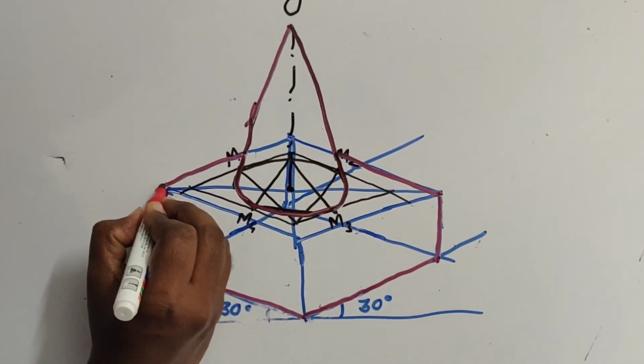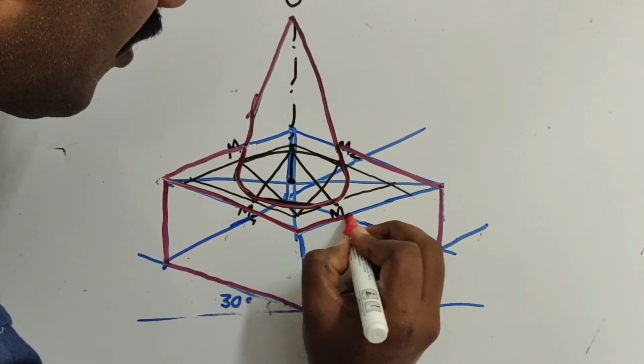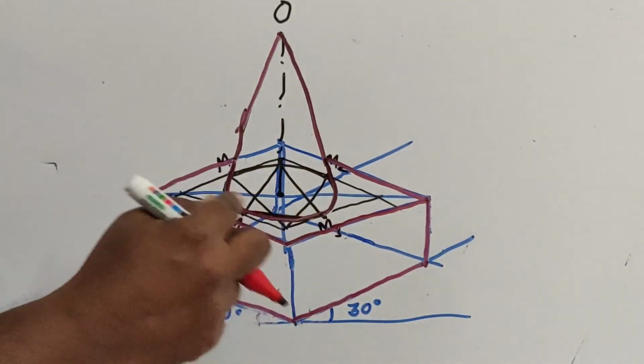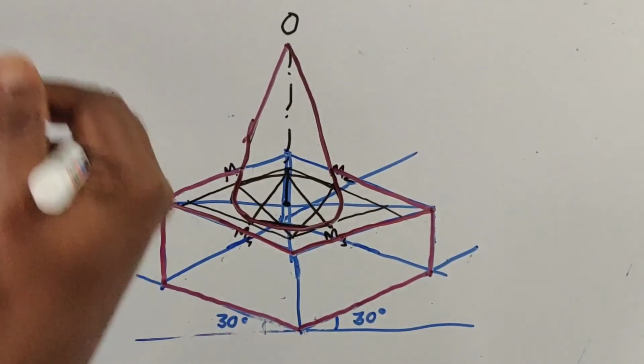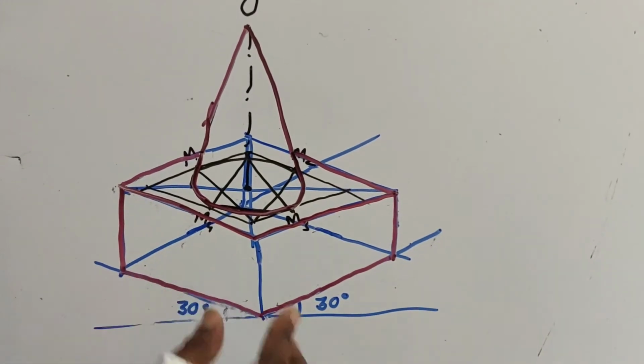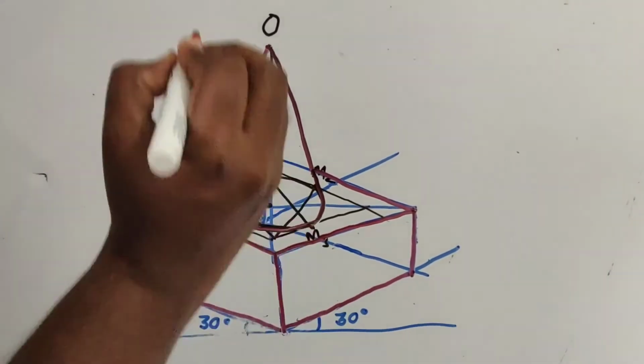Now, this top base of the square slab is also visible because if you keep it like this portion is nearer to the observer. One more edge is visible. This one is visible because it is very close to the observer. So that is also visible.